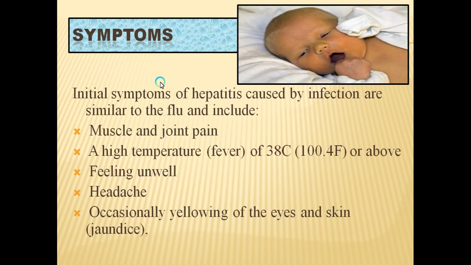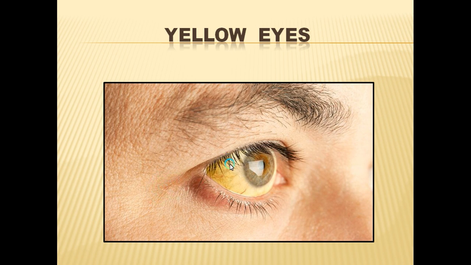Now, what are the symptoms of hepatitis? Initial symptoms of hepatitis are muscle pain and joint pain, fever more than 38 degrees centigrade or 100 degrees Fahrenheit, feeling unwell, headache, and occasionally there will be jaundice, a yellowish discoloration of the eye.